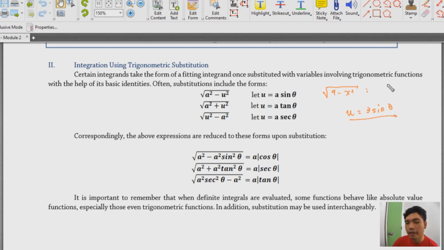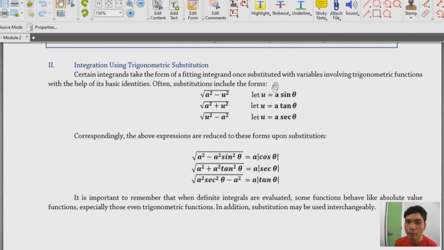So this is what happens. The pattern is, you take the square root of the constant, and then your u would be 3 sine theta. Actually, it's not u, no? This should be let x. So it should be let x, because whatever your variable is, that is also what you let. Okay, so that's how it is.